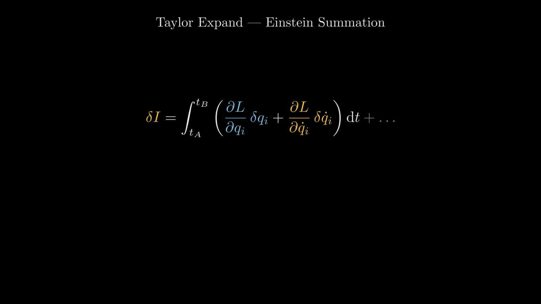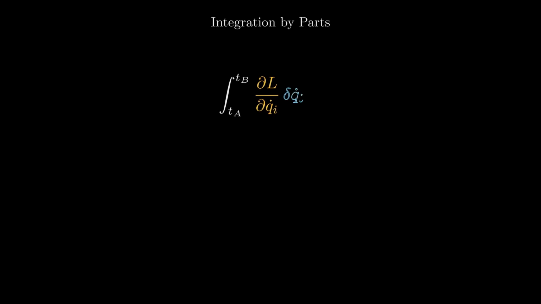Here the q_i denotes the ith coordinate or index of the position q, and we adopt Einstein's summation notation that states if we have an index repeated, like how this expression has i appear multiple times, this means we sum over all the indices. We also get many higher order terms from Taylor's theorem, but since we're only interested in the first order term, we'll ignore these. We will now perform integration by parts on the second term, by integrating delta q dot i, and differentiating the other term.